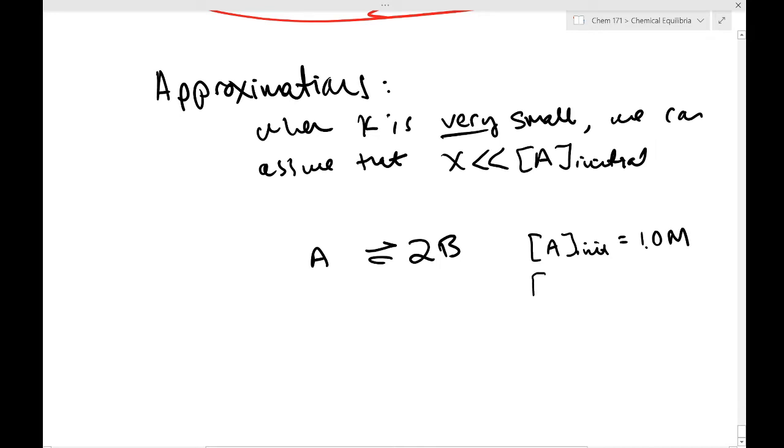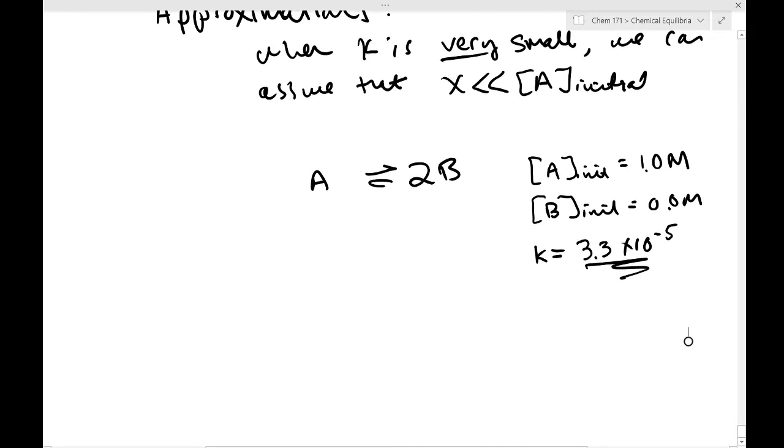And we have some initial concentration of B, 0.0 molar. Now, let's say that our K is very small, so in this case, 3.3 times 10 to the minus 5. In our example here, K is very small. We can assume that x is much less than A.